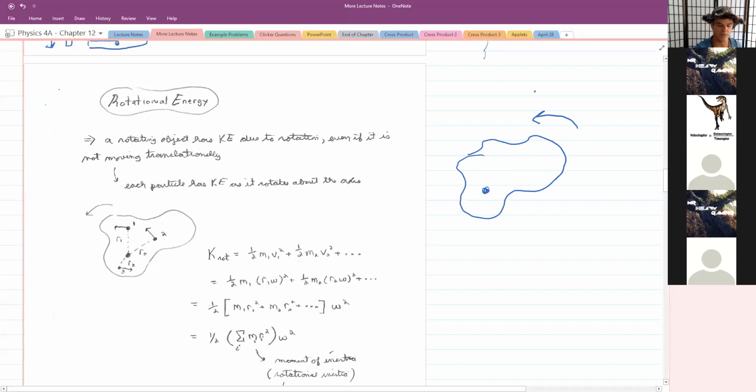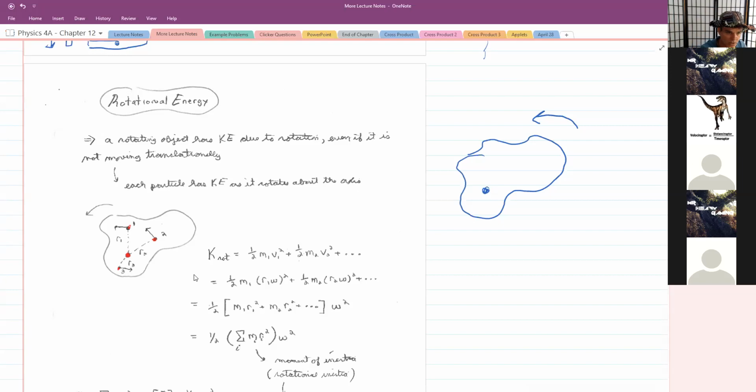So this is where the object is rotating about, and this is just 3 of the many particles that make up the object. This is kind of what you do in a lot of physics and math. If I want to look at a solid object, I treat it like a bunch of little particles and I add up all the particles together.